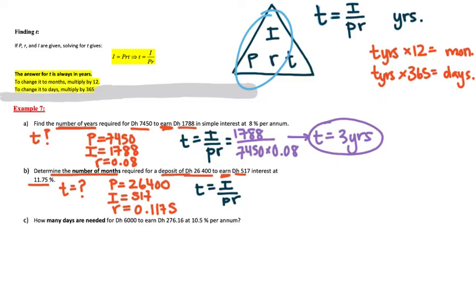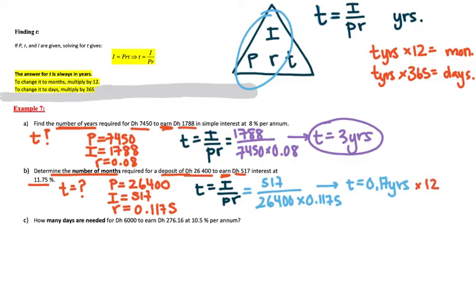So we will get 517 divided by 26,400 times 0.1175, you end up getting t equals 0.17 years. But we don't want years, we want months.